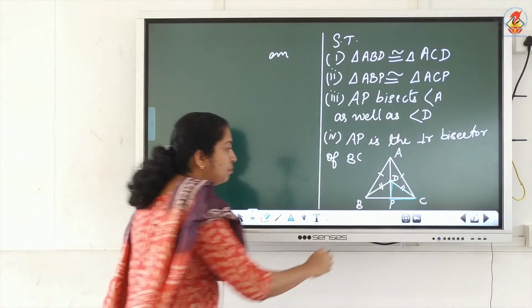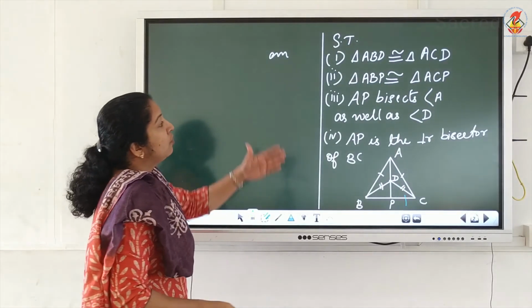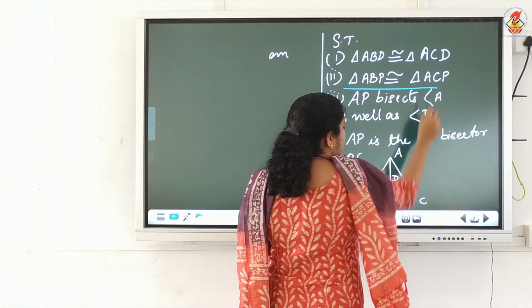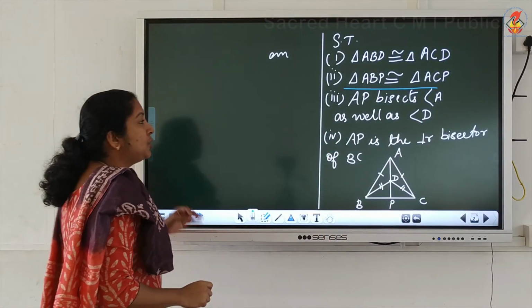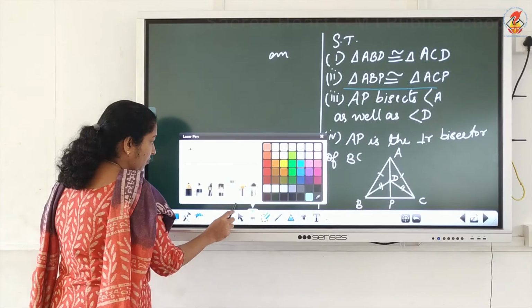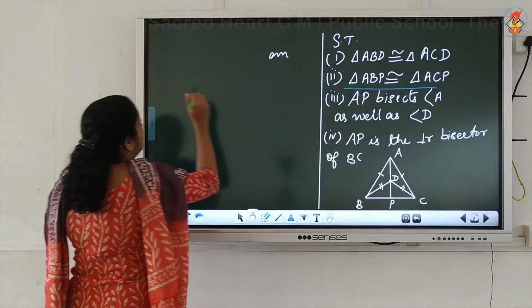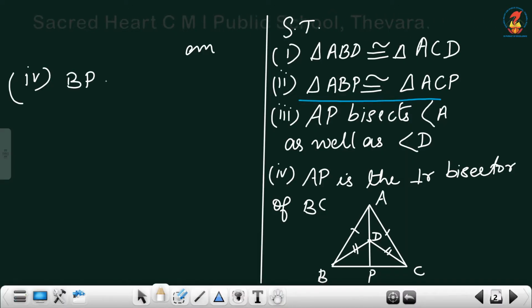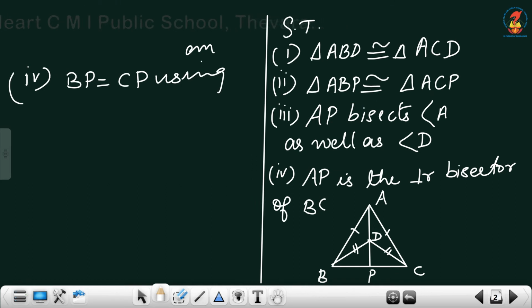So, that means BP is equal to PC, or we have from the second one also we can conclude that BP is equal to CP. So, fourth one, BP is equal to CP using CPCT in 2.